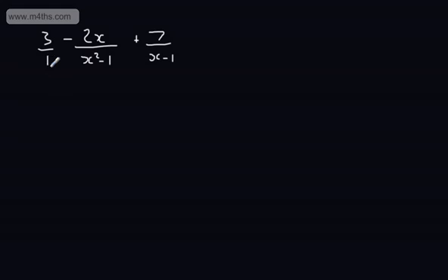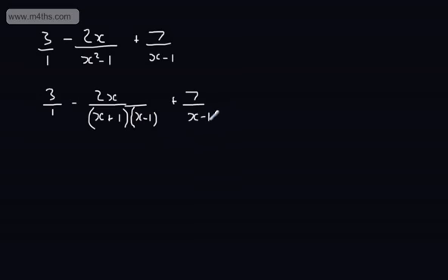You certainly don't have to, but it might help in terms of looking at your lowest common multiple. So what we've got is 3 over 1. Now here I've got the difference of two squares. So we've actually got 2x over x plus 1 multiplied by x minus 1, and then we've got plus 7 over x minus 1.